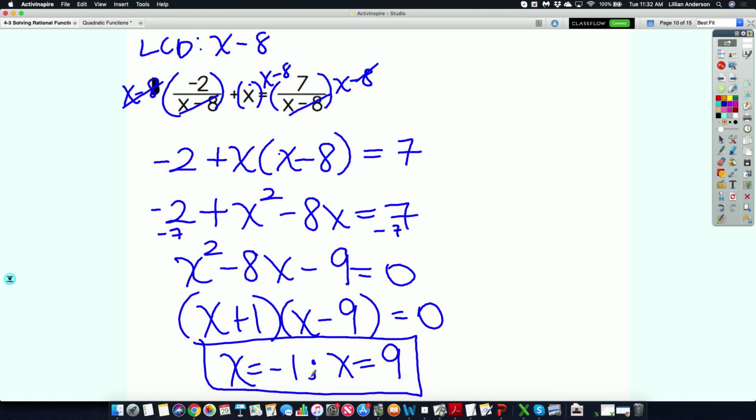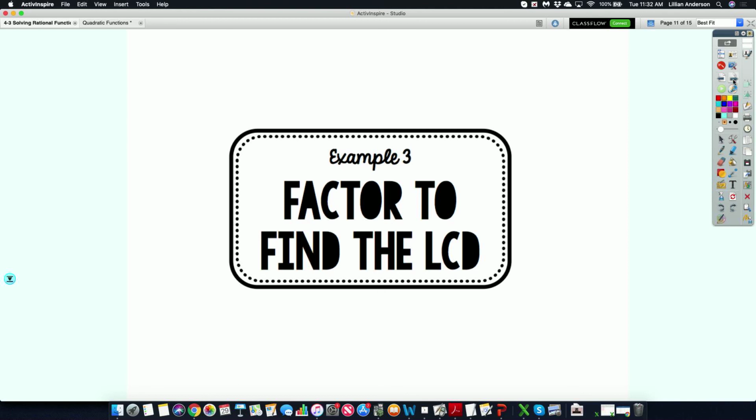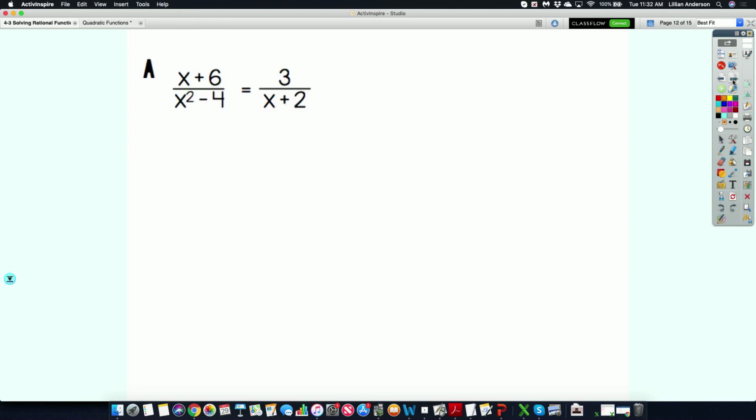The last type, you need to factor your denominators before you actually multiply, okay? So, here's one example. Very similar to the ones from the first flap, because you have one fraction equaling another fraction, but I want to show you using this other particular method, okay?